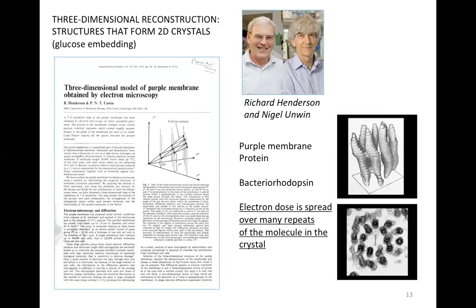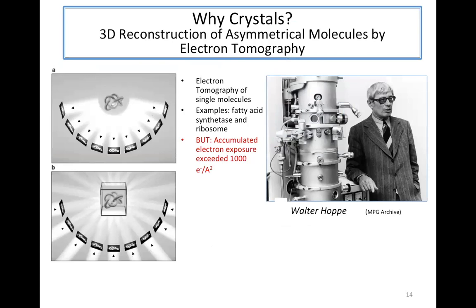But this is a third example where programs and the mathematical techniques were developed for one particular symmetry. And so there was no general solution to the problem of reconstructing a molecule that was not in crystal form. So one of the people asked the question, why crystals? Couldn't we simply use the molecules as they are and put them on a grid and then do what's called electron tomography?